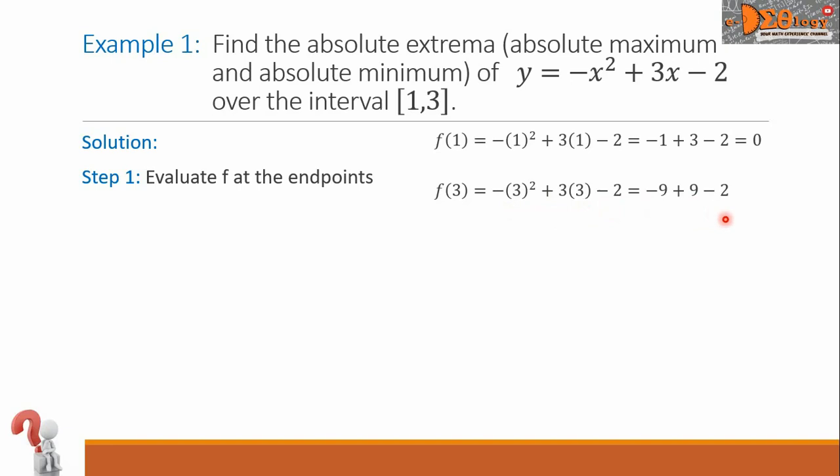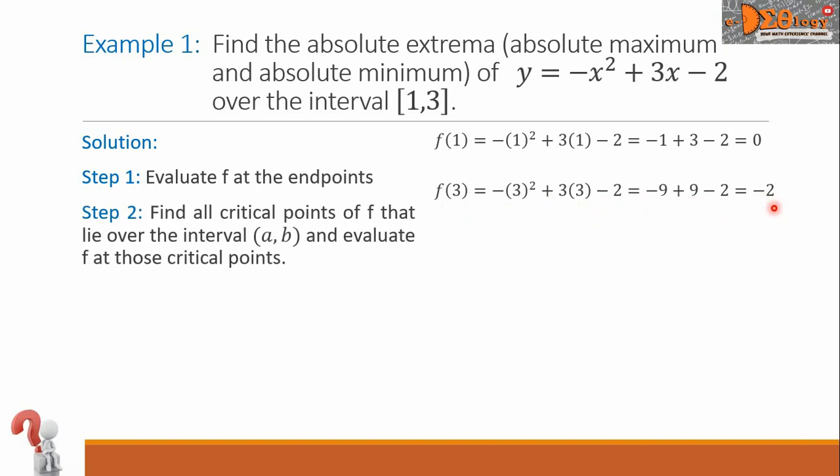Simplifying these three numbers, the answer is negative 2. So f of 3 is negative 2. Step 2. Find all critical points of the function f that lie over the interval from a to b, and evaluate f at those critical points.